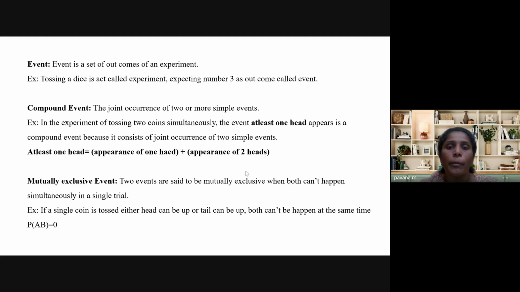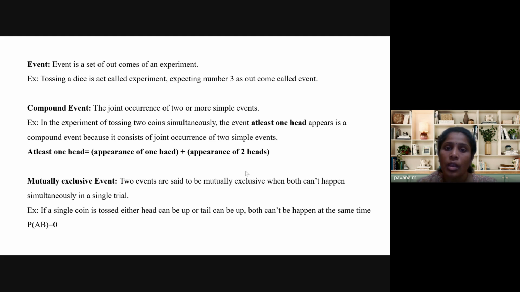And what is compound event? A compound event means the joint occurrence of two or more simple events. That means you are tossing two coins simultaneously. You are not tossing a single coin, you are tossing two coins simultaneously, and you are expecting at least one head in this particular situation.